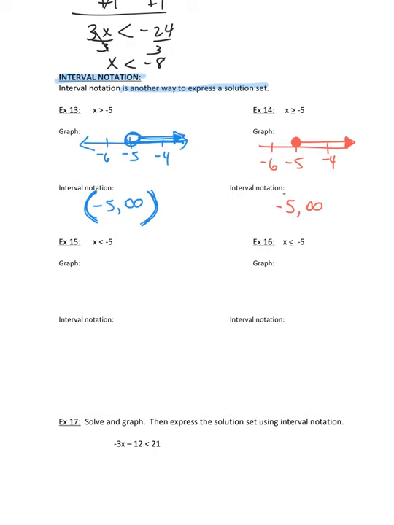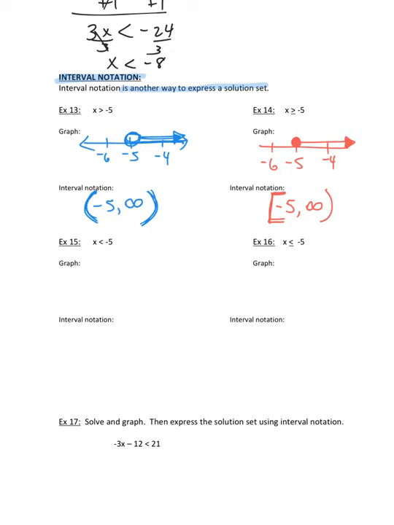So what I do is I put a bracket, I'll refer to it as a hard bracket, around the negative 5, and this shows that you are including negative 5. Infinity still can never be included, so that one gets parentheses. So you use one hard bracket on one side and parentheses on the other side.